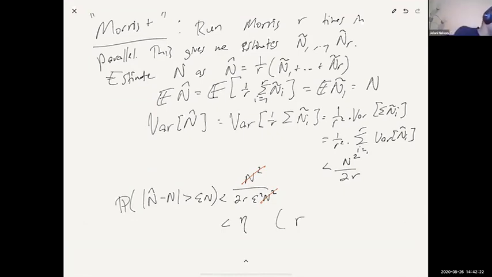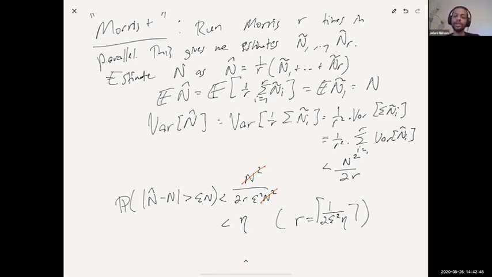So I can pick r to be at least 1 over 2 epsilon squared eta, the ceiling of that. If I pick r to be that, then this is less than eta. Okay, so now I actually have a 1 plus epsilon approximation with probability 1 minus eta.